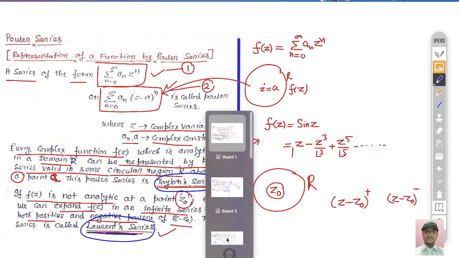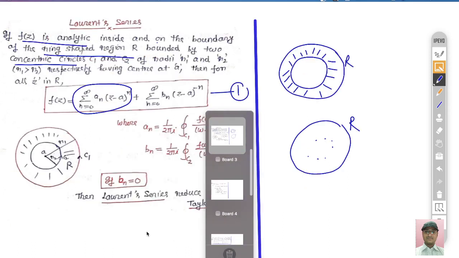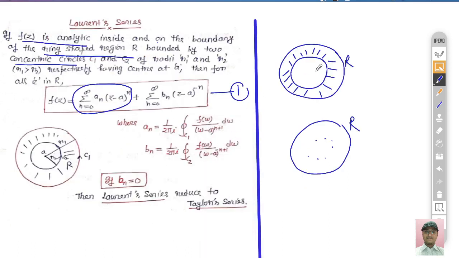So here we expand the power series between these two circles. This exterior circle is C1, and inside it the small circle is represented by C2. We are interested in expanding the power series between these two concentric circles. Basically this is the region where we are expanding this power series, right?